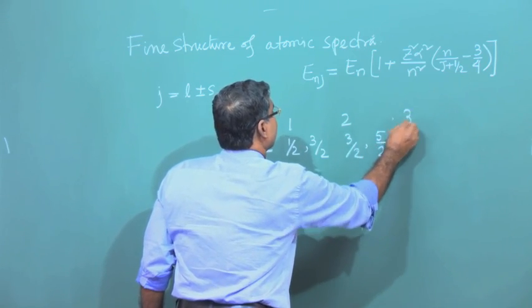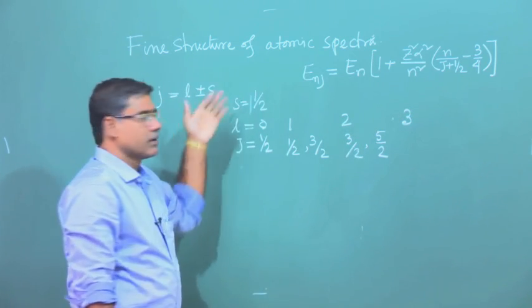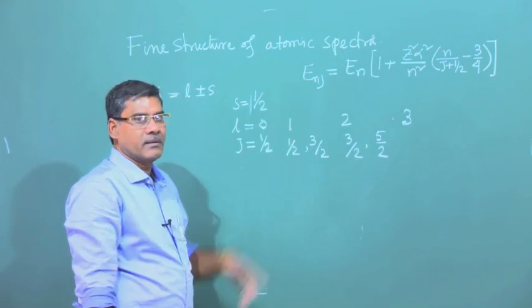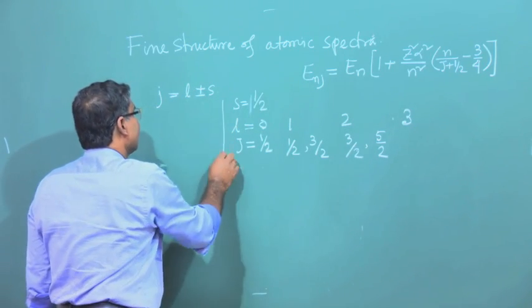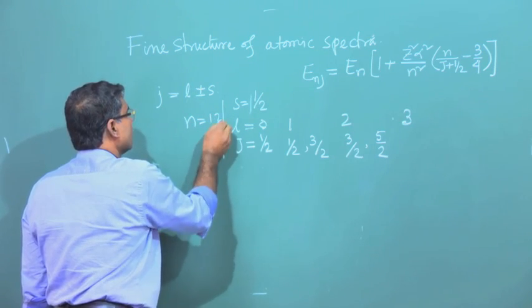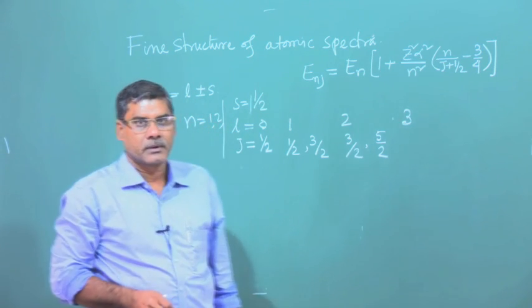This way one can find J value for a defined L value, and this can be for any n equal to 1, 2, and so on.